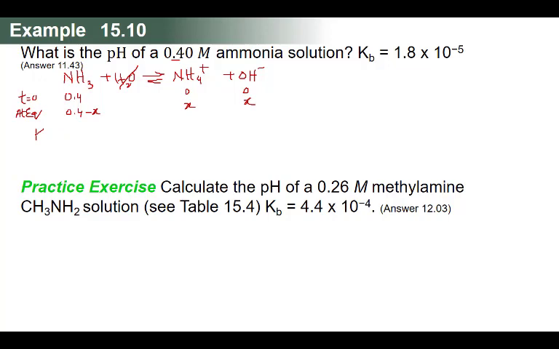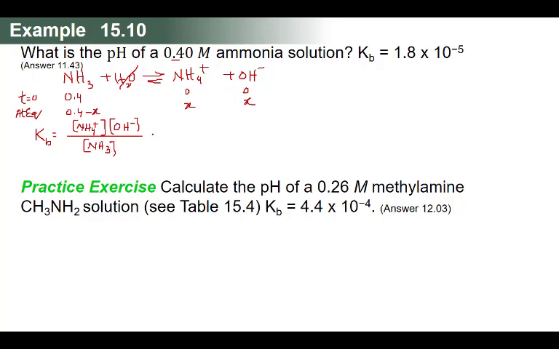Kb is equal to the ammonium ion NH4 positive multiplied by the hydroxyl ion OH negative, divided by the base. The base is ammonia here, NH3.